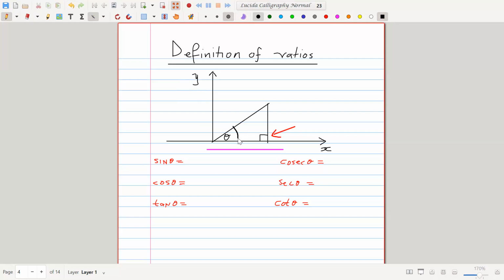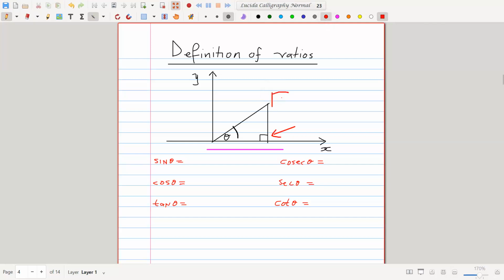I just mentioned that the first one will be sine theta, the second one is cosine theta, the third one will be tangent, which is tan theta in short. And then there are reciprocals of these, which are cosecant, secant, as well as cot. And then, so of course, you will have a right angle triangle.